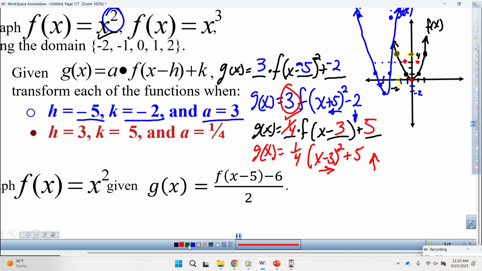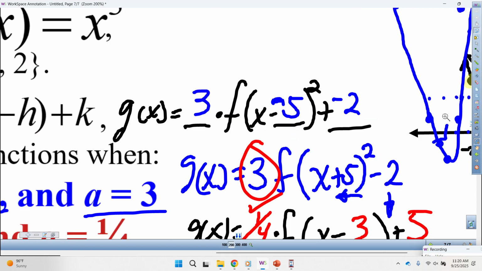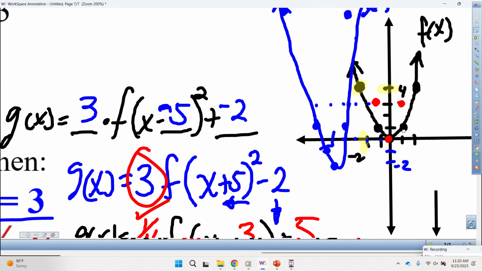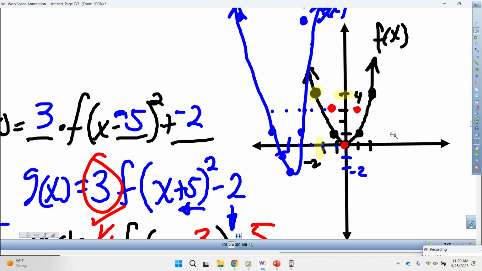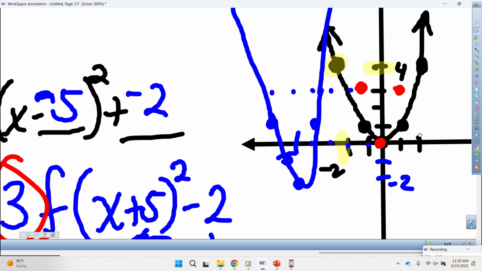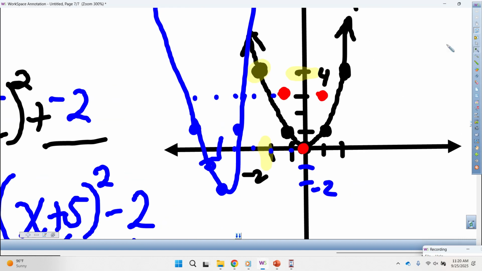However, let's find out what happens to this 1/4. Let me zoom in. Here it goes. According to the new transformation, a is 1/4. This point right here is negative 2, 4.